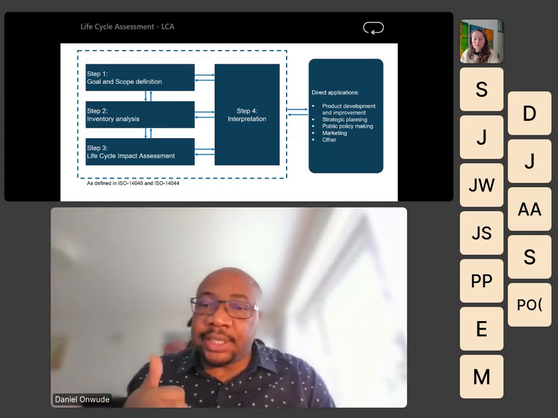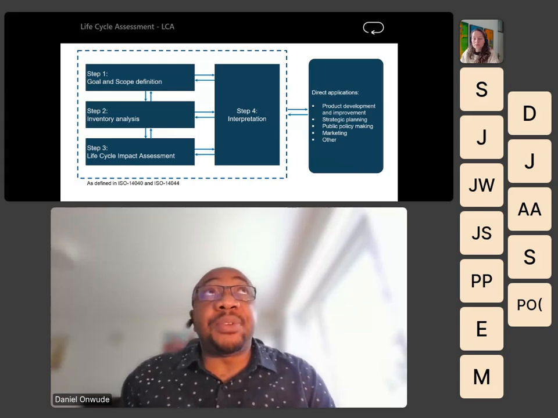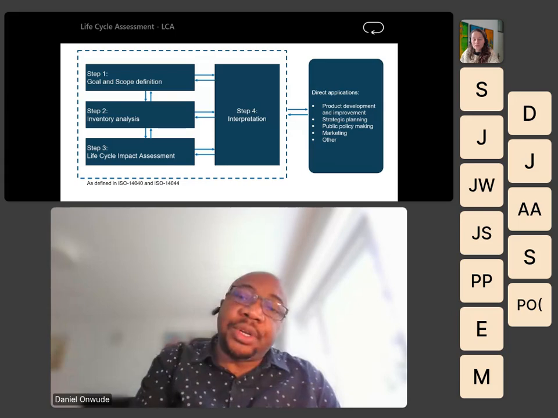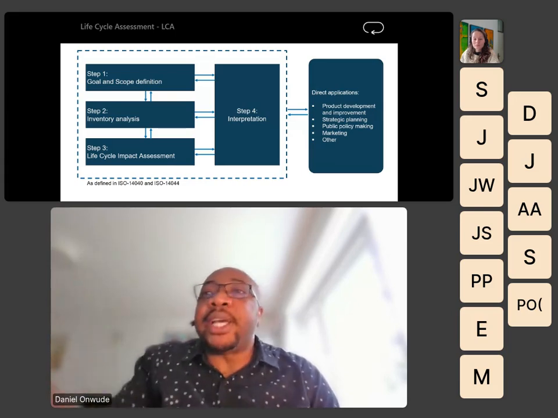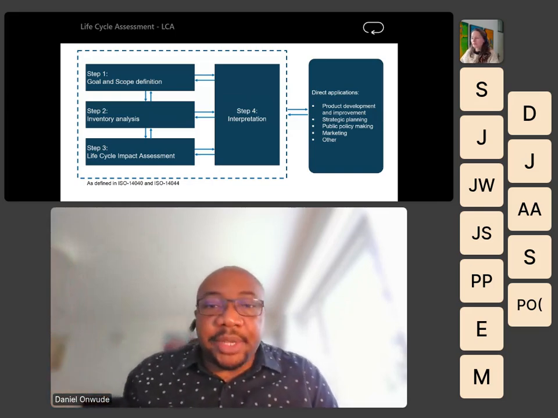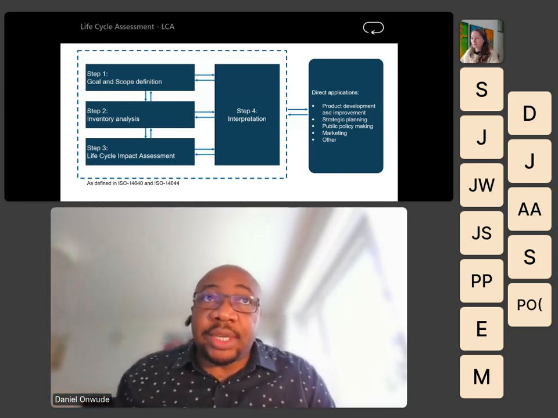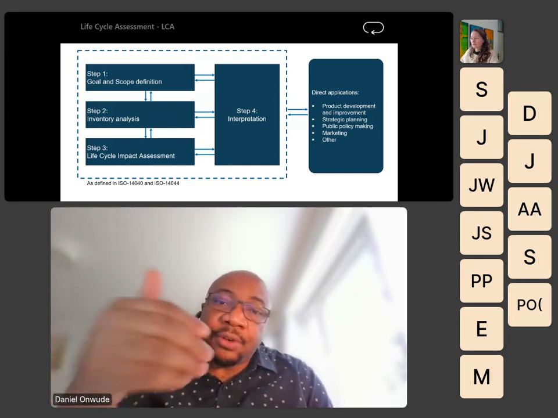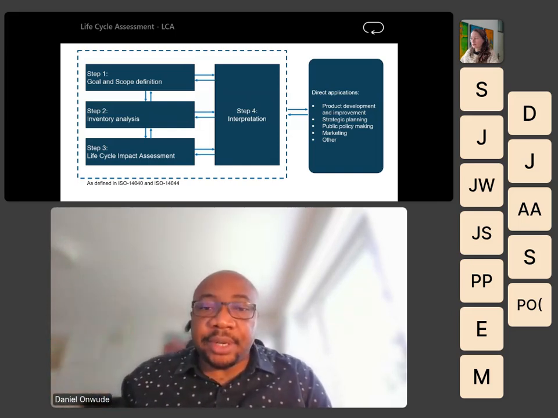To whom is this study for? So for example, comparing the environmental impact of locally grown apples versus imported apples, or even imported oranges, as the case may be. So this is very important to clearly understand and then to define at the beginning of your life cycle assessment method approach.